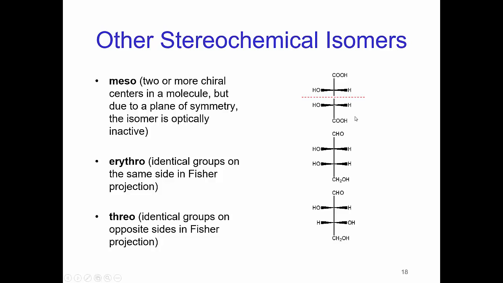So what did we basically say? We have enantiomers when we have non-superimposable mirror images. Here we have a compound that has chiral centers, but if we take a mirror image of it, it is still superimposable. So based on that, if you remember the previous slides, we said meso compounds are achiral, which means not chiral.